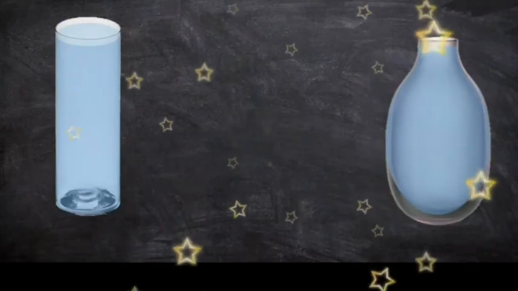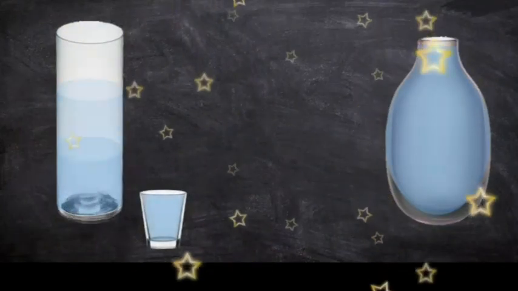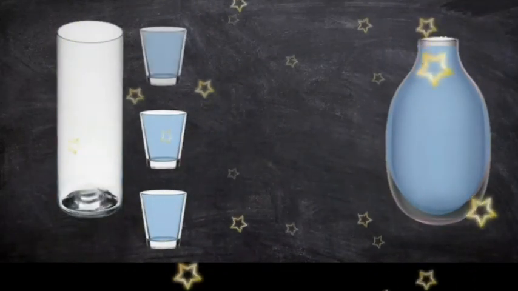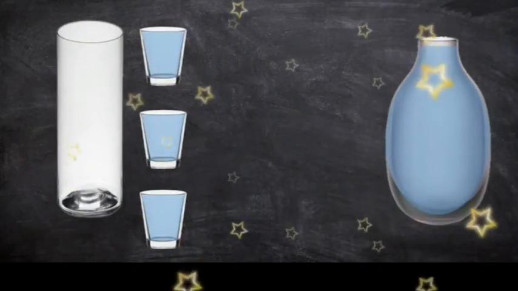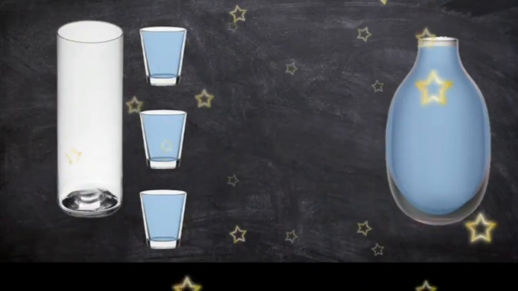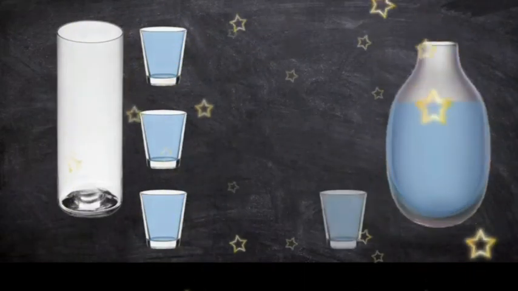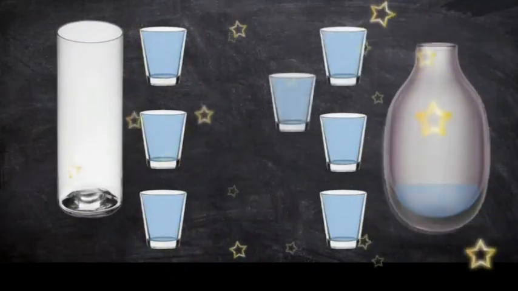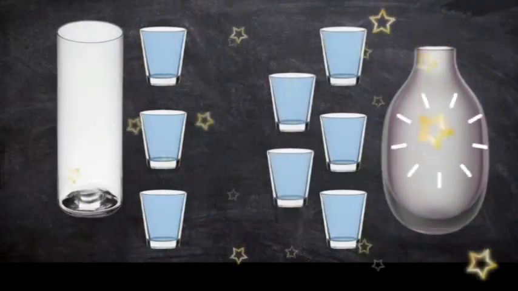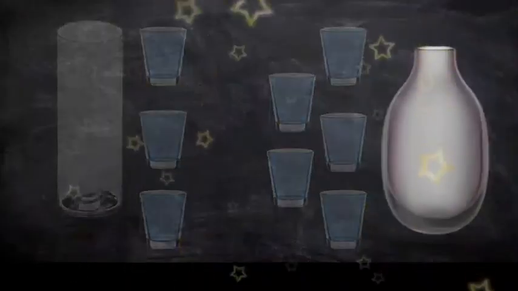Let's start with the one on the left. Ready? 1, 2, 3. Wow, this container filled up my small glass 3 times. Okay, let's test out the other container. 1, 2, 3, 4, 5. So this container filled up my small glass 5 times. So this container has the greater capacity.